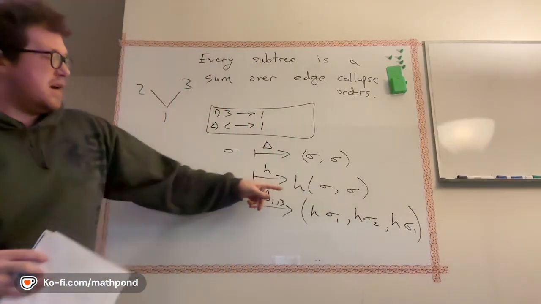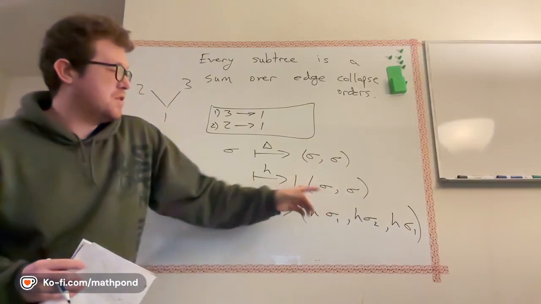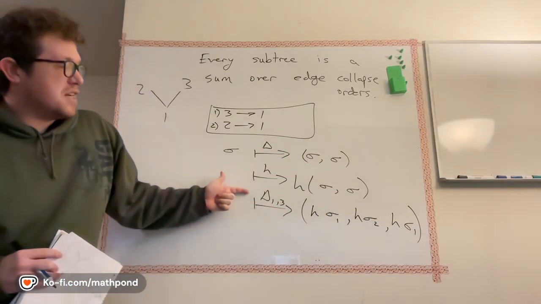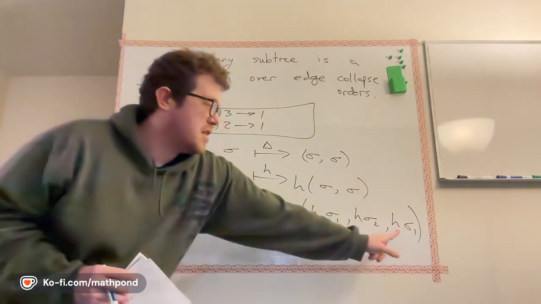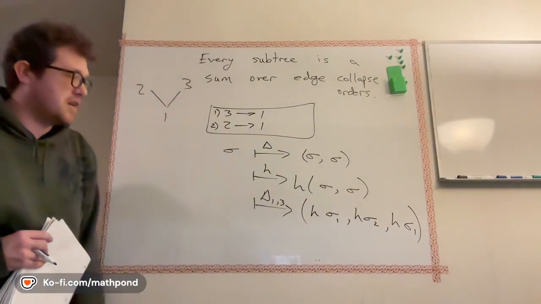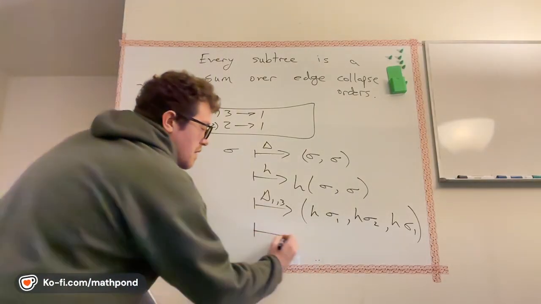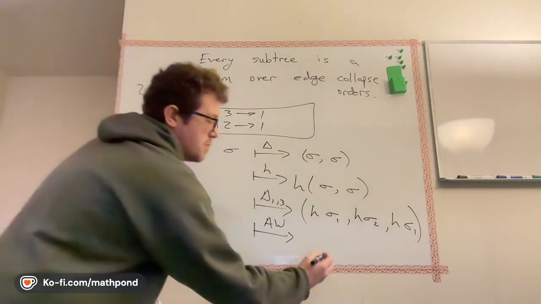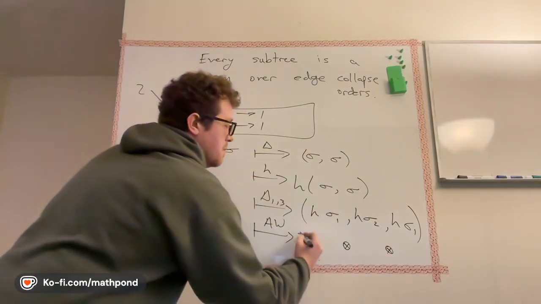Right, because Xi here breaks up the symmetry. So the first component's no longer equal to the second component. So when we apply delta 1, 3, we're copying whatever that first component is to the third component. The second component is just whatever it is, and we leave it the same. And then we take the Alexander-Whitney map, which projects this onto tensor products. So we get a sum over tensor products.